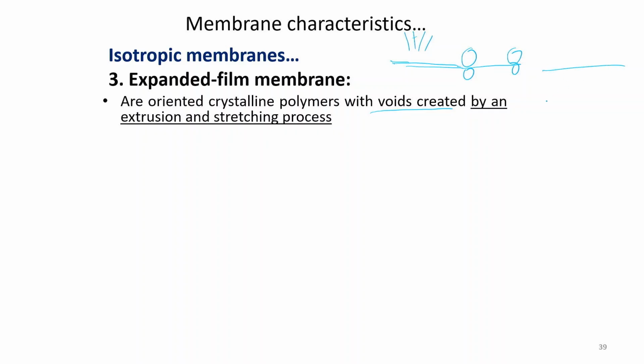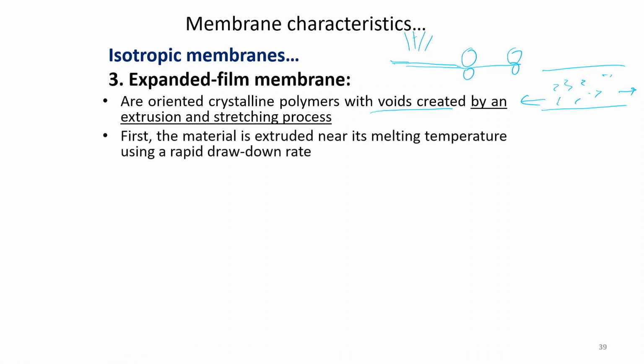In a polymer after stretching we can create micro cracks. If it is done in a controlled fashion, we can create the isotropic membrane.